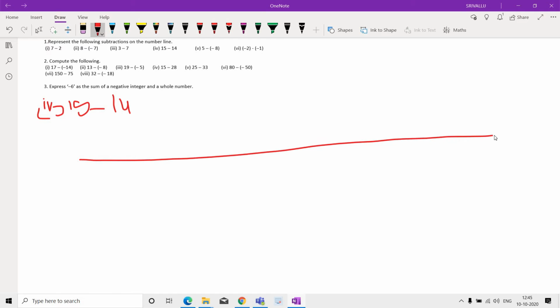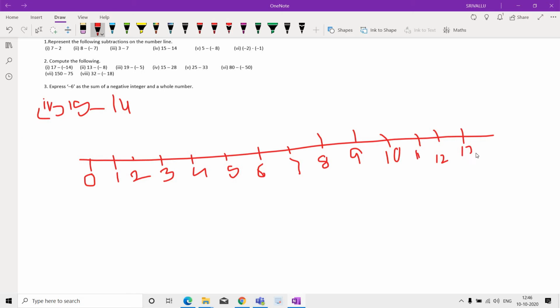I am taking a number line: 0, 1, 2, 3, 4, 5, 6, 7, 8, 9, 10, 11, 12, 13, 14, 15.